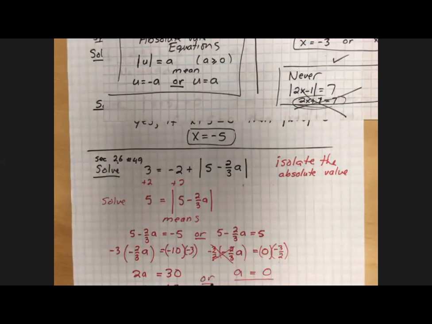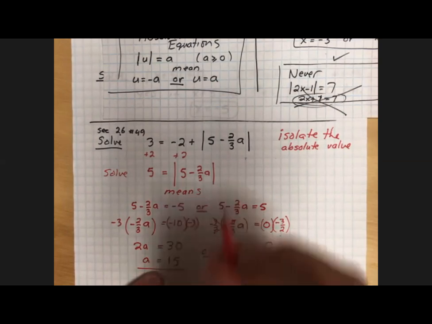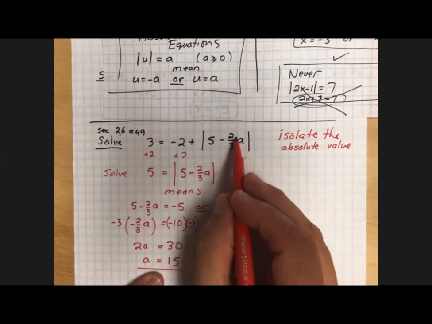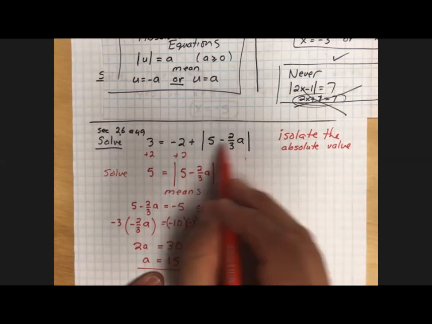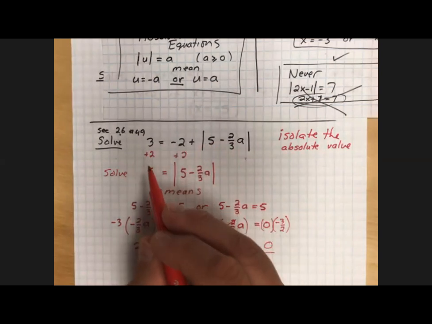Don't forget the or, because this means you have 2 numbers that could get you the $1 million. Either 0 or 15. We could try them. If you put 0 in here, this automatically becomes a 5. Absolute value of 5 is 5. Minus 2 plus 5 is 3. Winner.